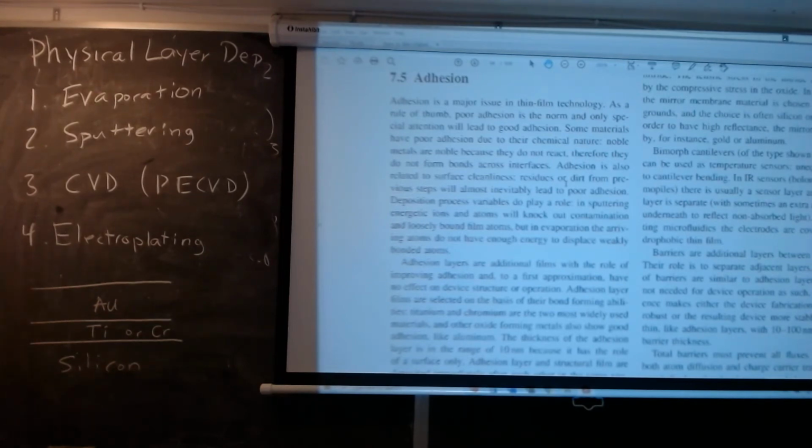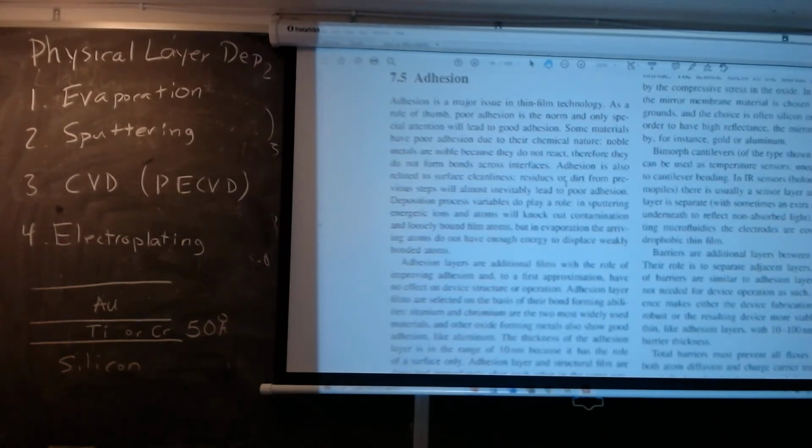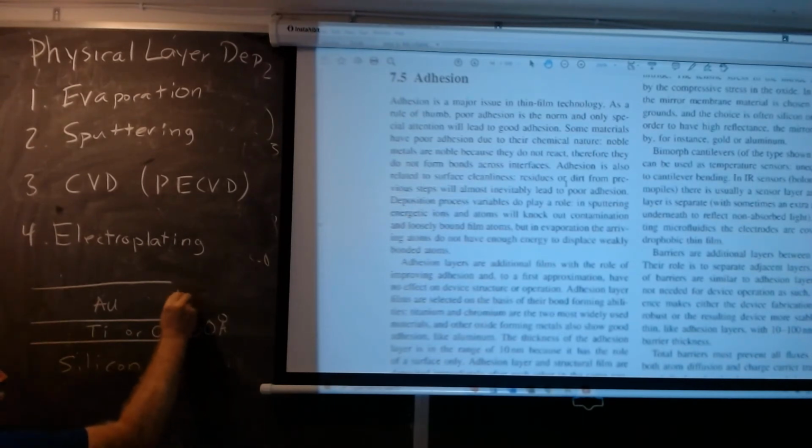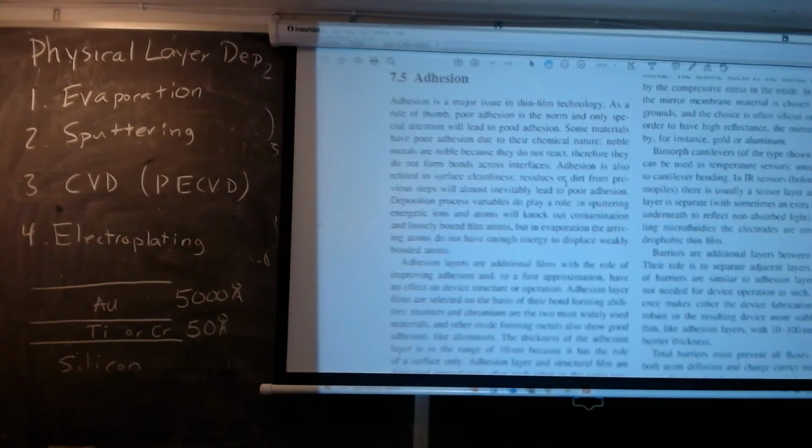The titanium thickness can be as low as 50 angstroms. So a typical contact would have 50 angstroms of titanium, and then maybe 5,000 angstroms of gold. That would form a nice electrode that you could probe or wire bond to, and it would be nice and mechanically robust.